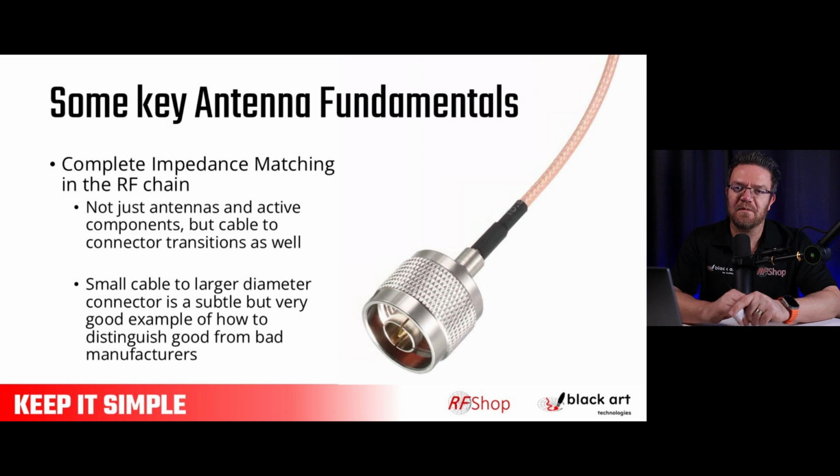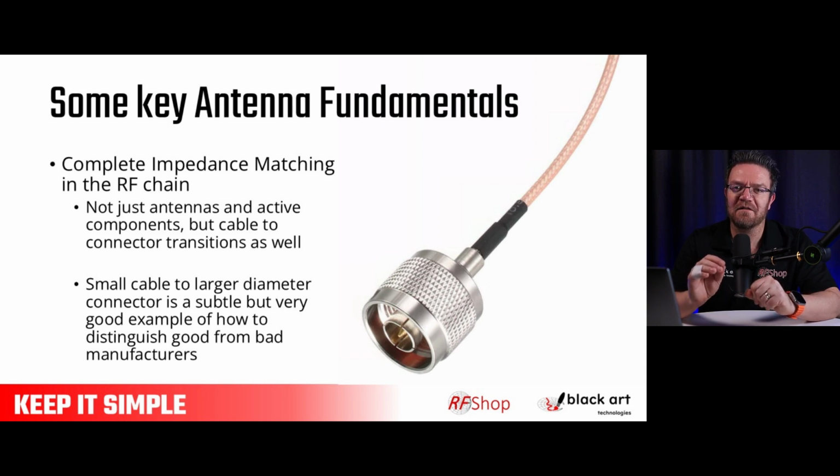Coaxial cables, which is something that obviously RF Shop is very passionate about. This is our bread and butter. What we do see, if you have cheap suppliers of cable, they mess up the impedance matching, the transformation from big to small. An N-type connector might be slightly bigger. RG316, which I showed there, is slightly smaller.